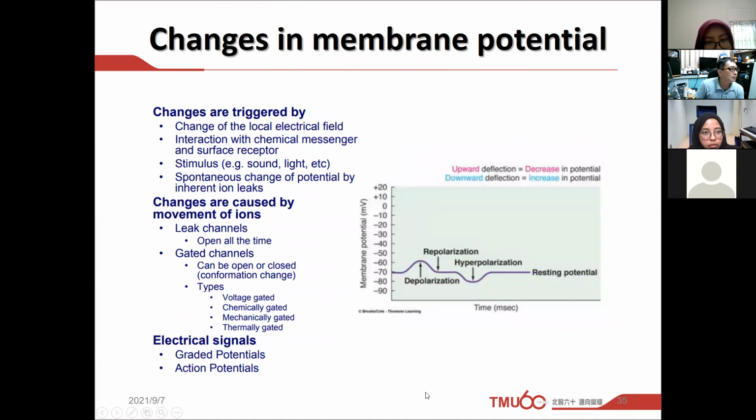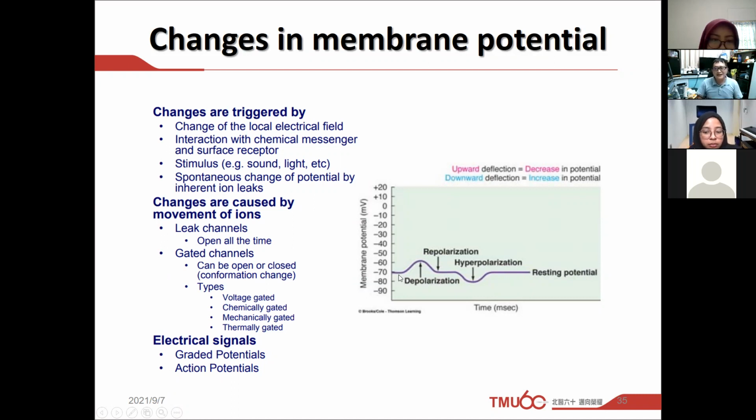Okay, so after what I told you, we got ion channels, we got the growth factors, we got the receptors. Those events can make a difference in membrane potential, the ion concentration difference. For example, the neutral condition is minus 70 millivolts, right?